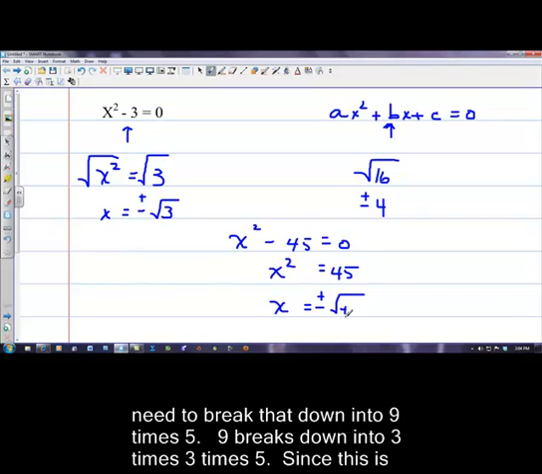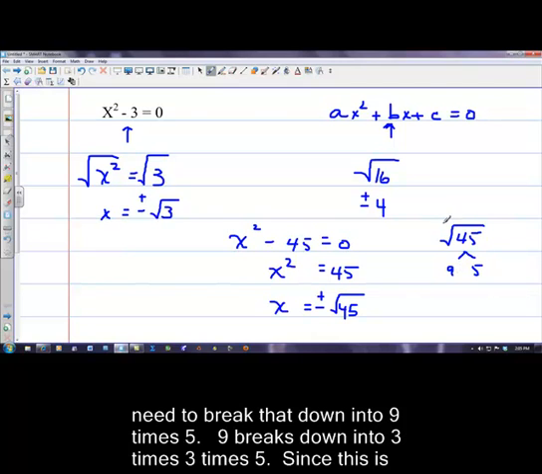Now, the square root of 45, though, is not an accurate answer because the square root of 45 can be simplified. I don't know if you remember this from past classes, but what you do is you take the 45 and you draw factor trees.